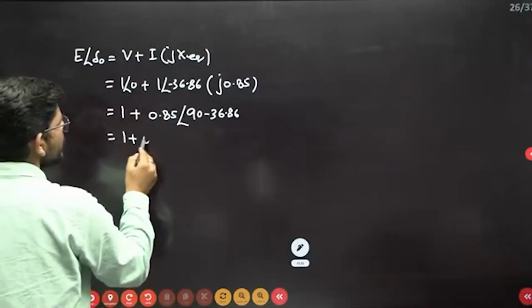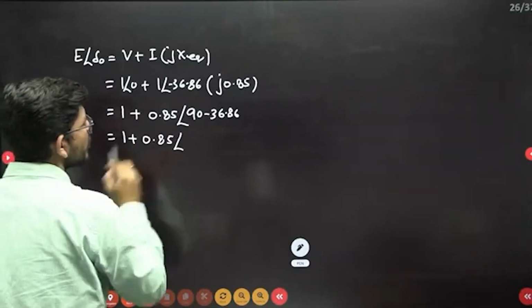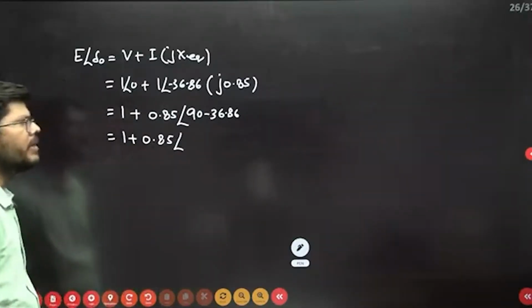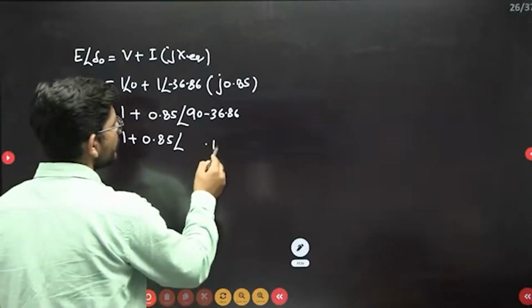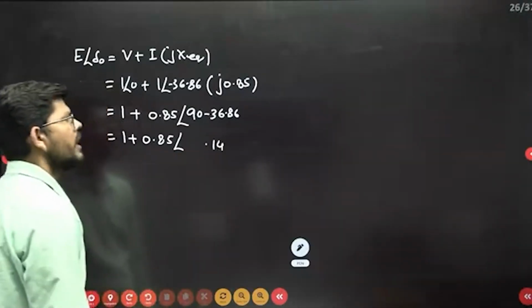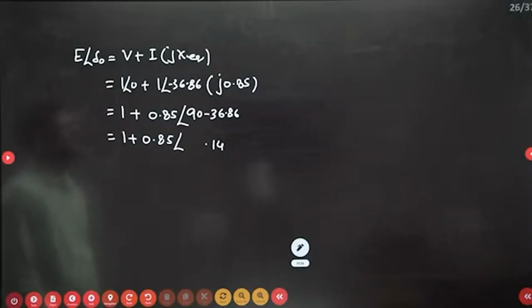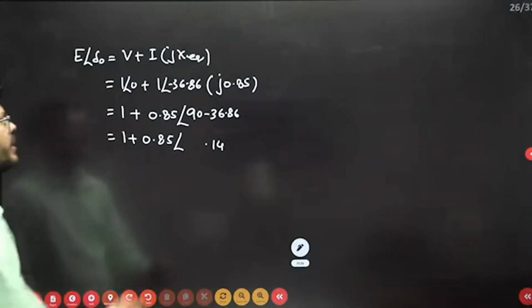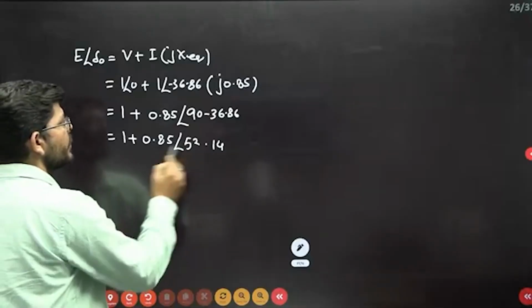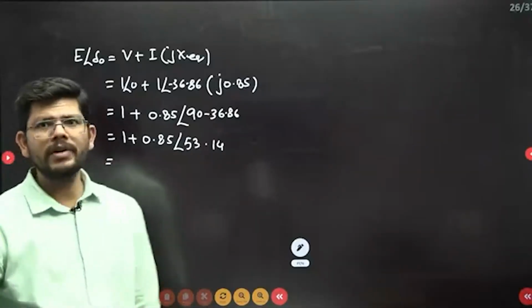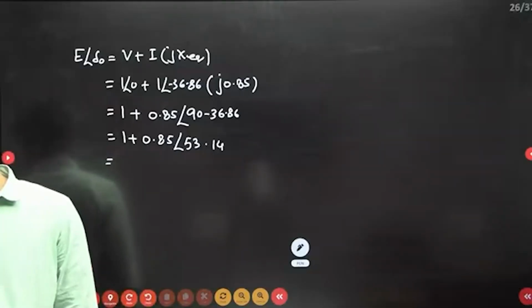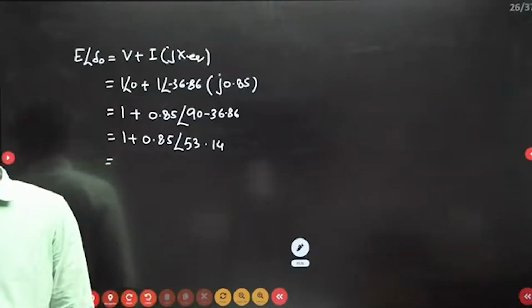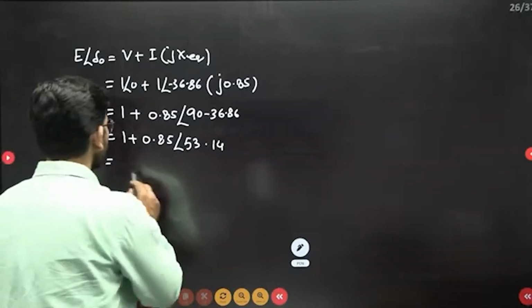So 1 plus 0.85, so how much we will get? 90 minus 36.86, we will get 0.14, and 90 minus 36.86 is 53.14. Now when you convert this into polar form, you will get 1.65 angle 24.24.